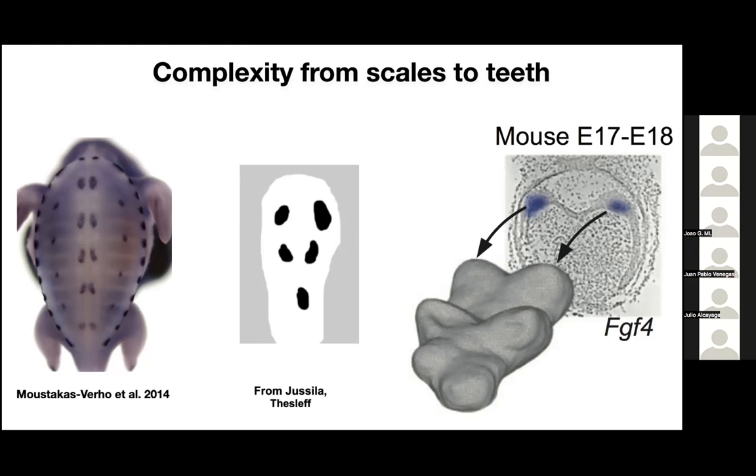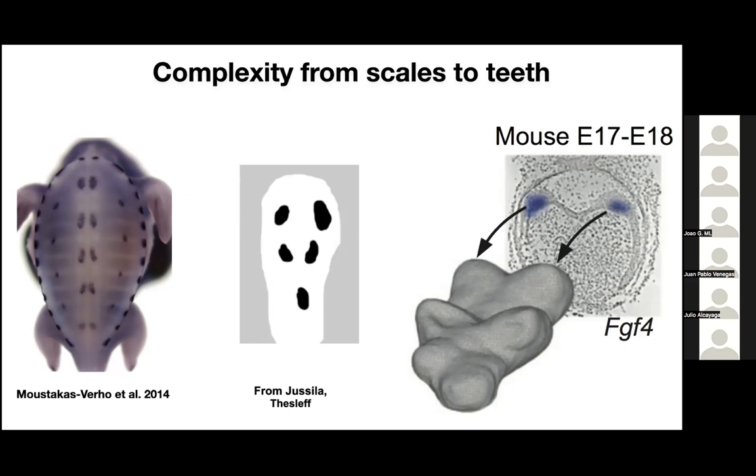So you can see that the signaling centers are spaced apart from each other. And in both of these systems, a lot of the same molecules are actually determining the spacing between the signaling centers. In turtles, again, you have the scales that are forming from these structures. In teeth, you have cusps, so the elevations that you have on your teeth.